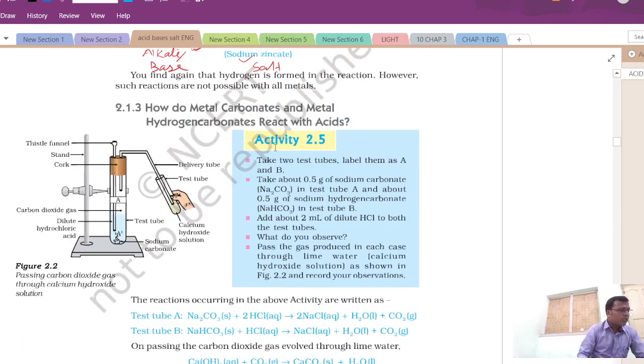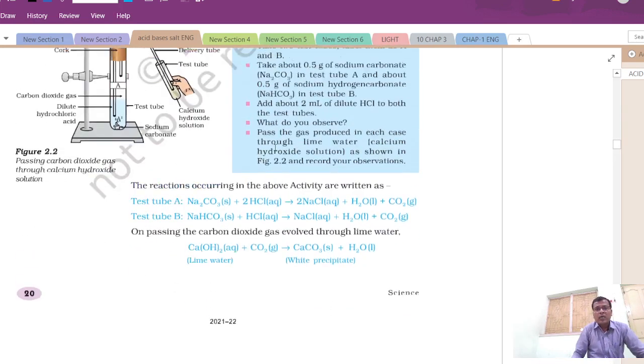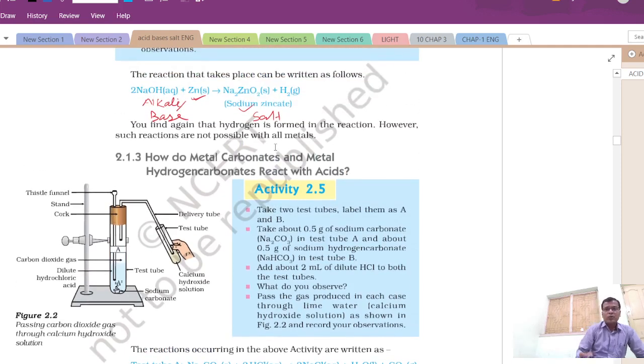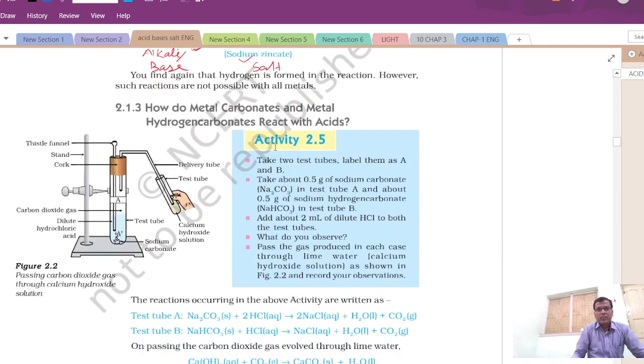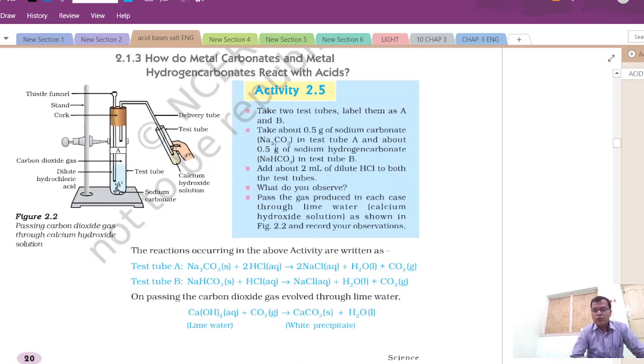You can see here a very important topic, 2.13. How do metal carbonate and metal hydrogen carbonate react with the acid? You don't have to remember this equation.